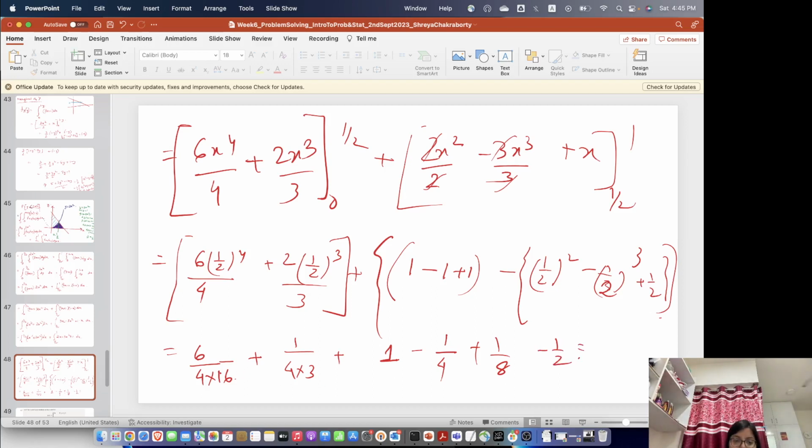This will come up to something what? This is 3, this is 2. 3 by 2, 3 by 32, 3 by 32 plus 1 by 12 plus half minus 1 by 4 plus 1 by 8, something it will come to.